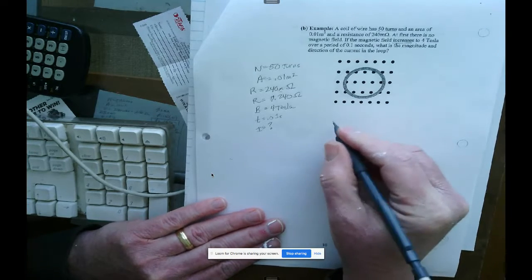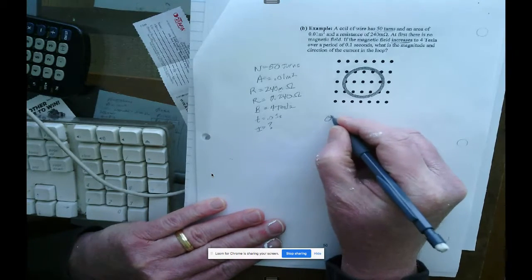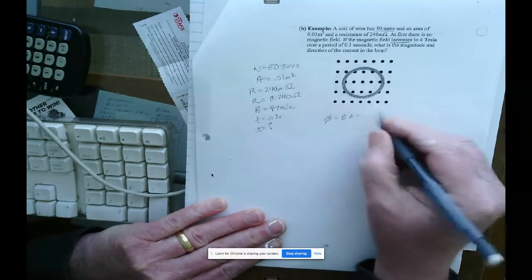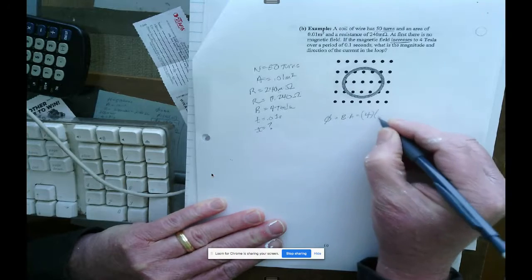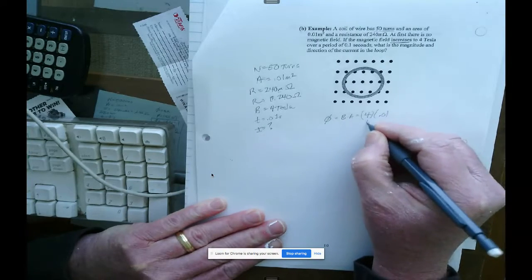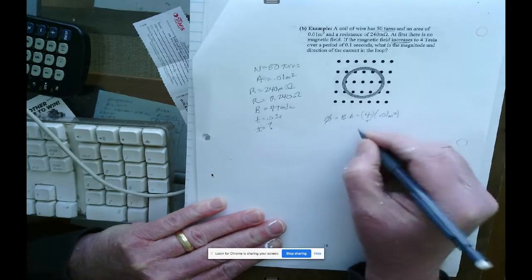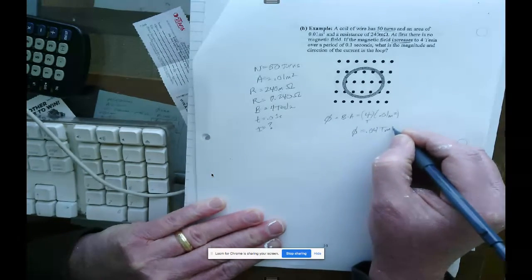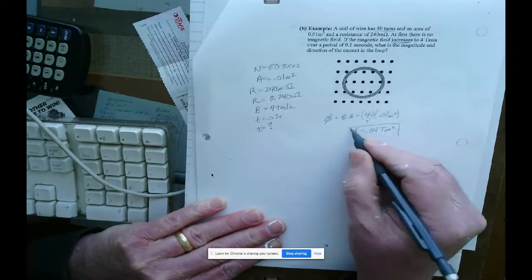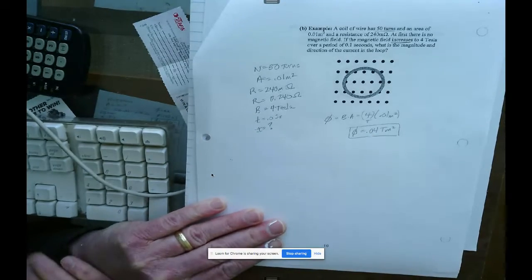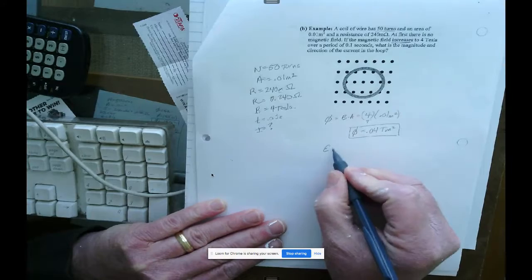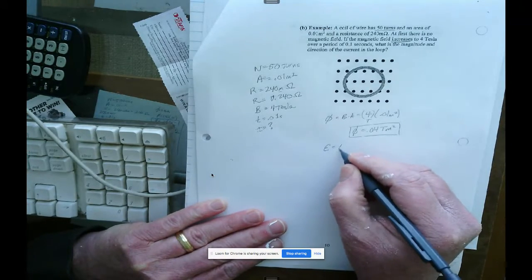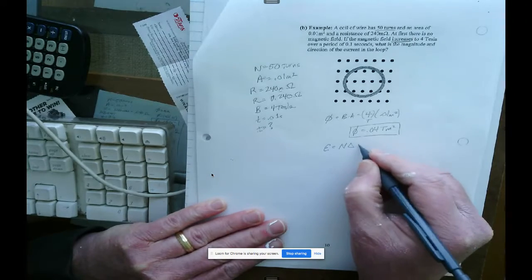All right, so first I'm going to find the amount of flux by doing B times A. B is 4. A is 0.01. This was Tesla. This is meters squared. So the flux is going to be 0.04, and the unit for it is Tesla meters squared. So there's that. All right, then I'm going to find the EMF, or the voltage generated, by using this equation.